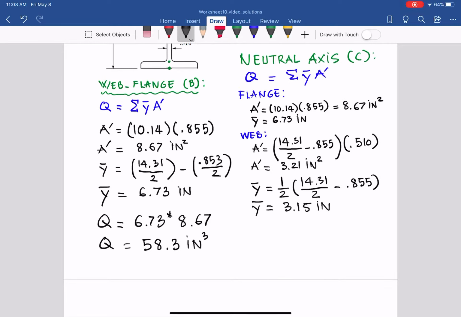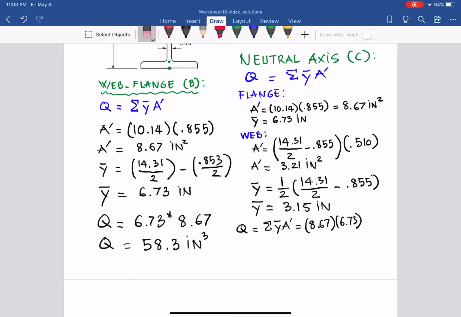So go ahead to find out the Q, the first moment of outward areas at the neutral axis. That's the point of interest. So Q, as you can see, equals the sum of y bar times A apostrophe. So it equals 6.73, which is the y bar there, right?